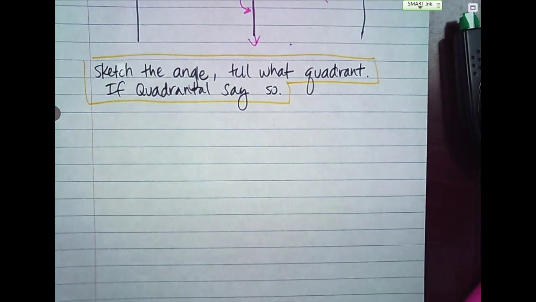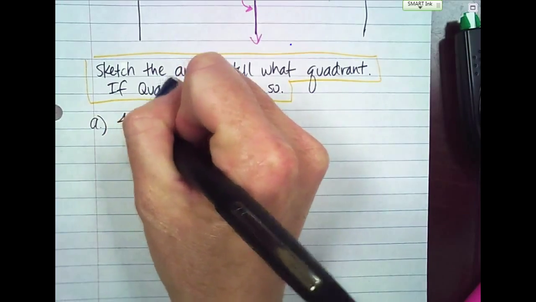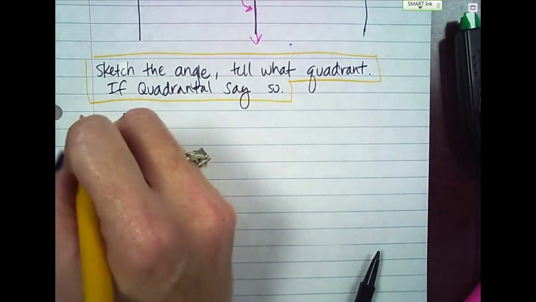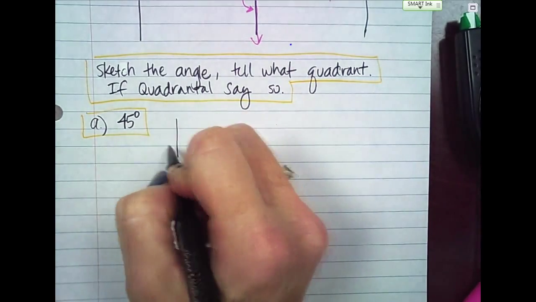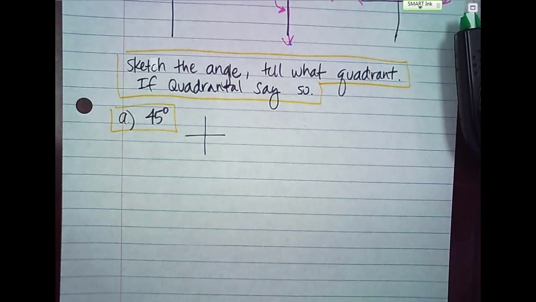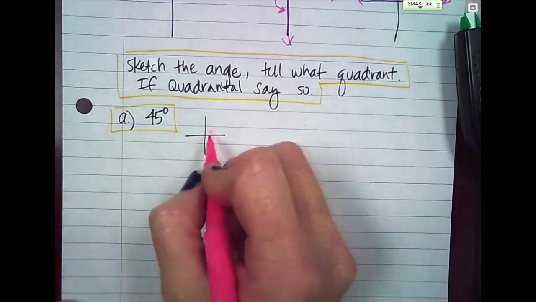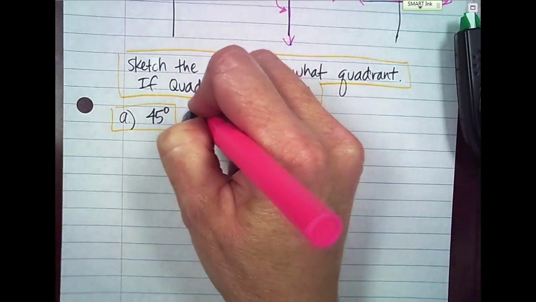The first angle I want you to sketch for me is a 45-degree angle. So you have yourself a little grid here. Remember what I told you about where it starts. It's standard form, so it's going to start here, and we know that this stops at 90 degrees.